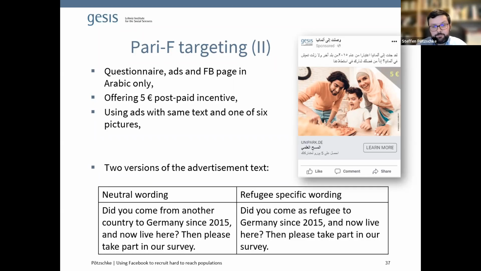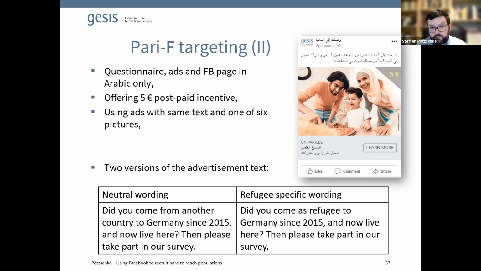Besides the different targeting strategies, we also used 2 different types of wordings. One was more neutral, just asking whether people came to Germany since 2015. The other specifically included the word refugee, asking whether people came as refugees.